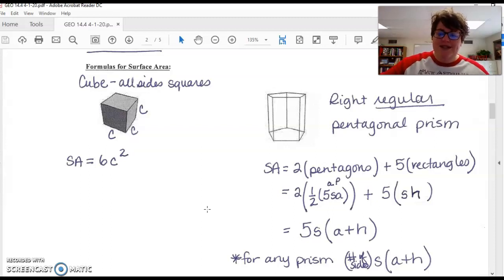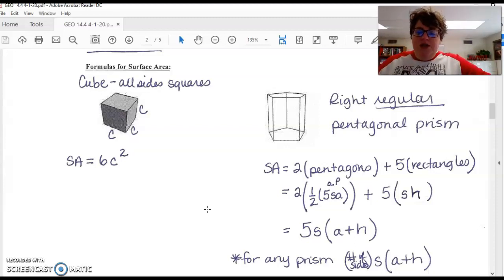Apothem, remember, is from the center to the base, basically the height of the triangle that you're creating. The 5 is coming from the number of sides, and then the 5 rectangles are side times the height. So I tried to make a general formula here. When you factor out, the 2 and the 1/2 go away, and then you factor out an S and a 5, you're left with A plus H.